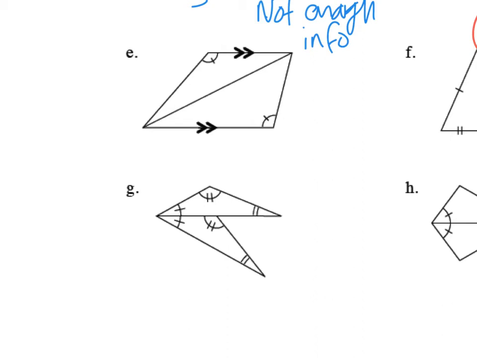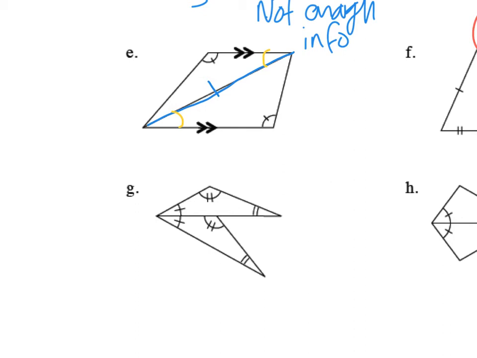Now this one is a classic one where two triangles share a side. Remember that that's going to be the same measure in both triangles, so that side length is the same to both. And again, here we have a set of parallel sides. Remember, that does not mean they're equal, but they are parallel. And if we have parallel sides, that means that we have alternate interior angles, again, being equal to one another.